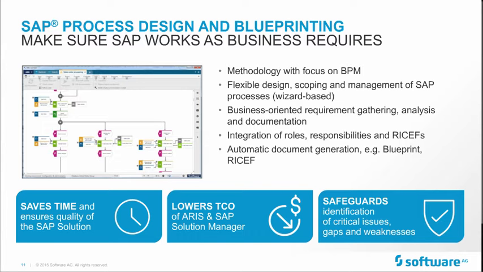It's nice to say we need a sales order creation process, but you need to know which transaction you use in SAP and which kind of configuration you will need in SAP. And you will need much more. You will need some interface descriptions, roles, and IT systems, and all these kinds of things that make sure you can implement exactly the business process that the business needs in the SAP system.